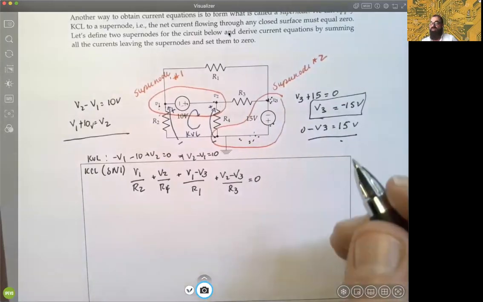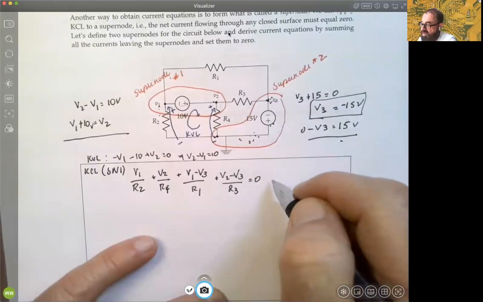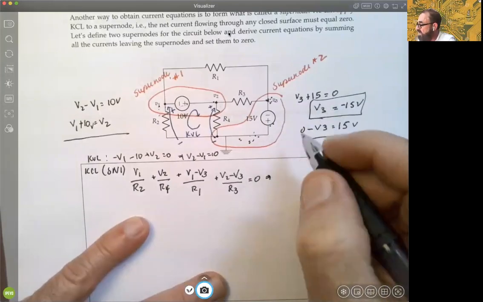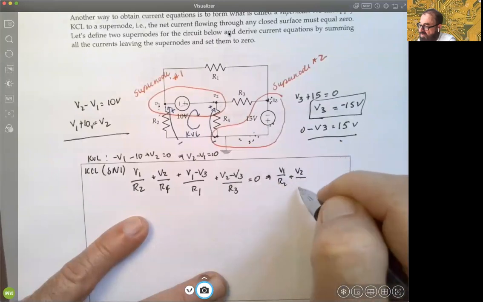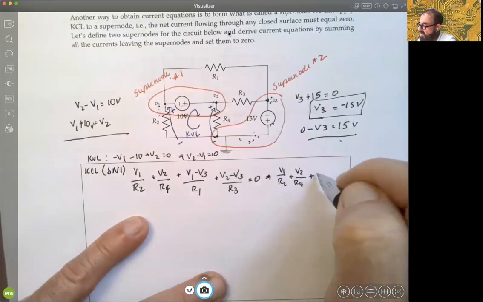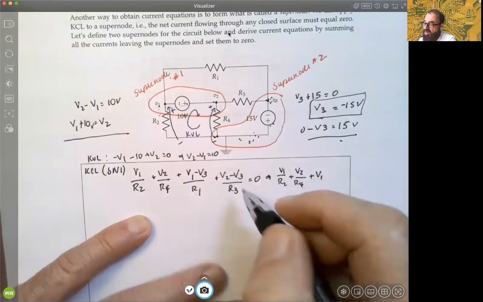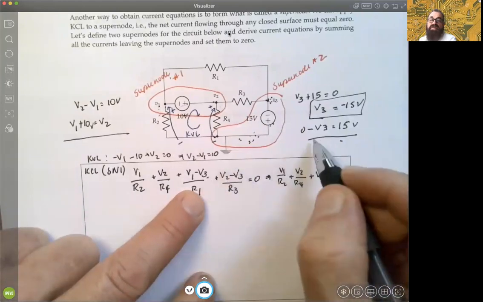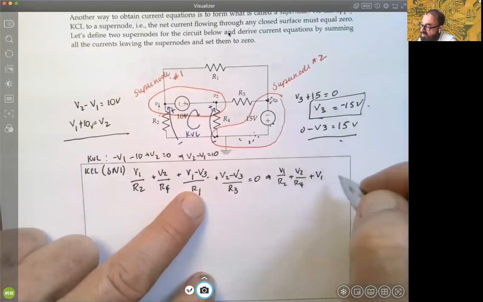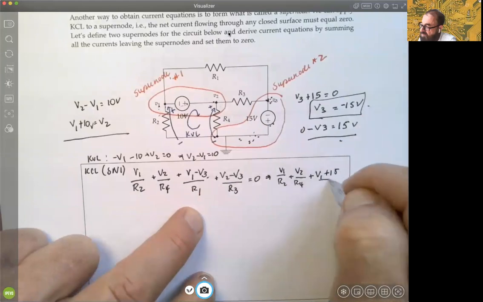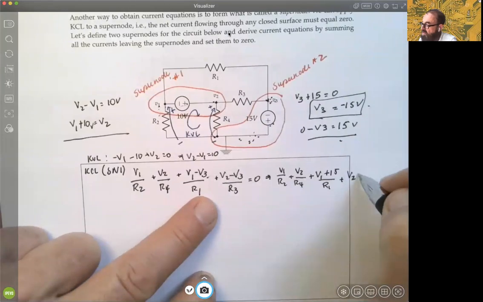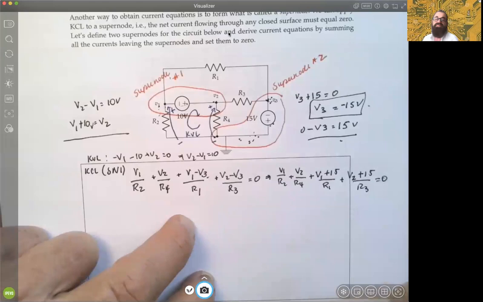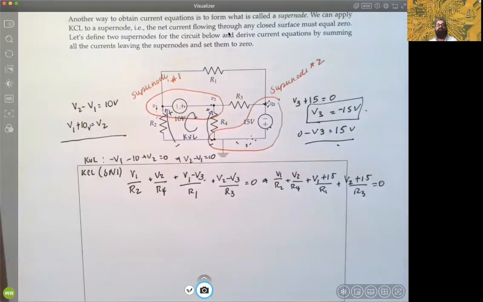All right, so we can then substitute this into the equation and get what? V1 over R2 plus V2 over R4 plus, what's going to happen? V1 minus 15, so this would be a plus 15 over R1, plus V2, same thing, plus 15 over R3, equals 0, okay?